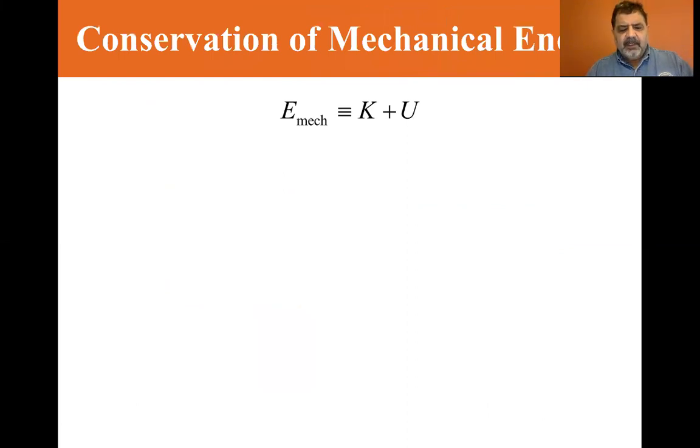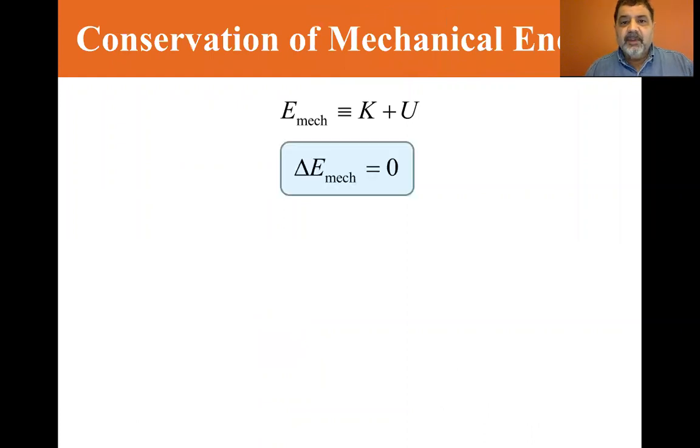Let's see, the sum of kinetic and potential energies of the system equals the mechanical energy. So U is the total of all types of potential energy. E mechanical is defined as the sum of the kinetic energy plus the potential energy. Because the system is isolated, the mechanical energy of the system is conserved.